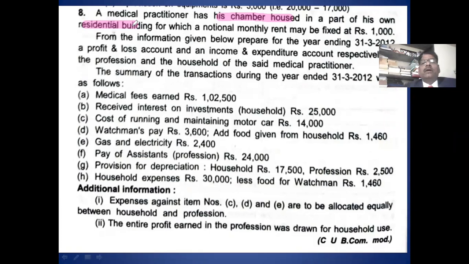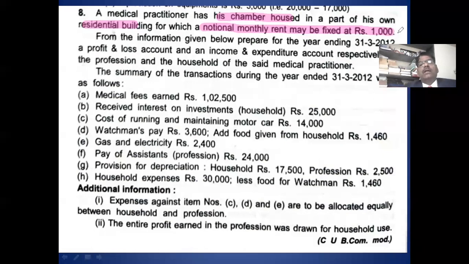It is nothing but the doctor is living in his own house, and in the own house there is a dispensary or clinic. Okay. So the house is common for household purpose as well as for profession. House is common. So a notional rent of rupees 1,000 per month is fixed.